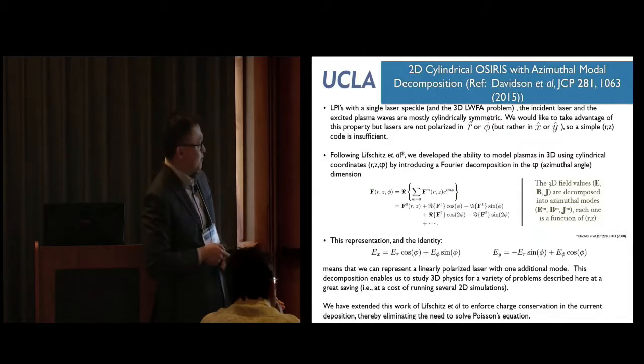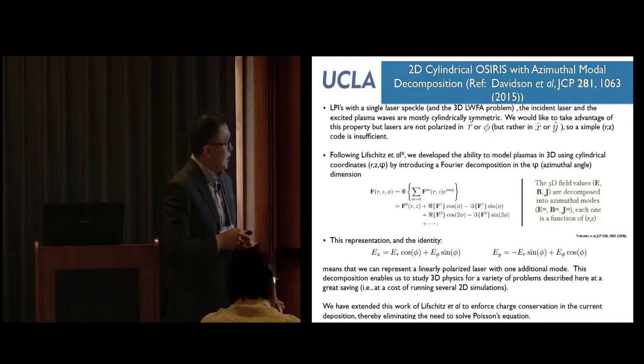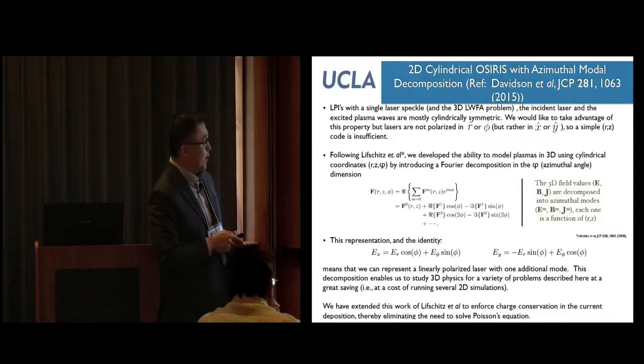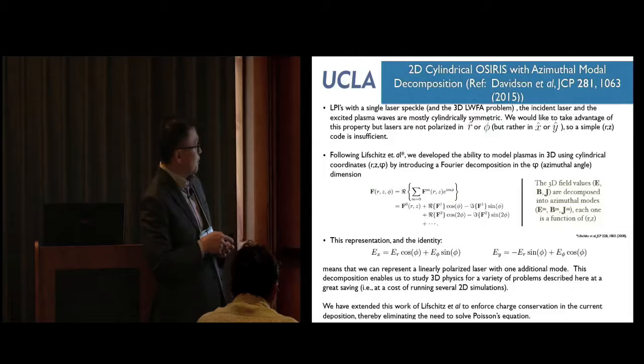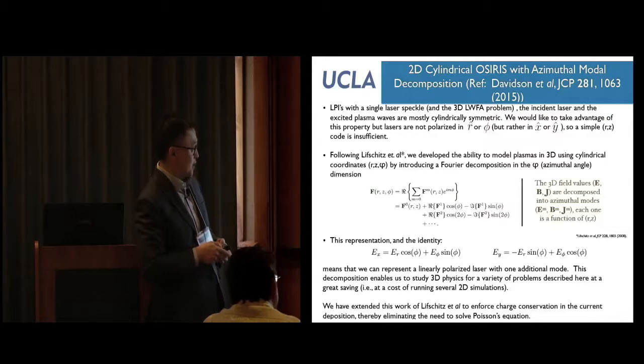Of course, a few years ago, Lifshitz et al. developed the ability to model plasmas in 3D using RZ and phi by introducing a Fourier decomposition in the phi direction.